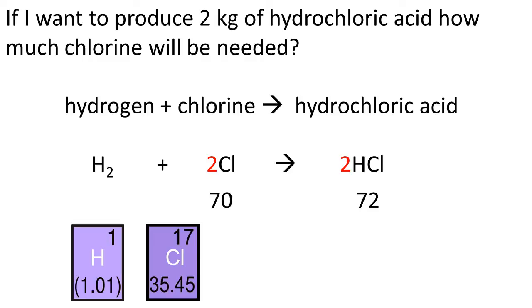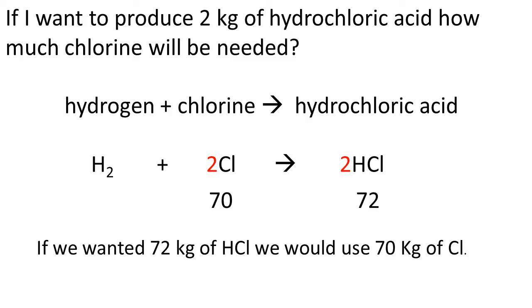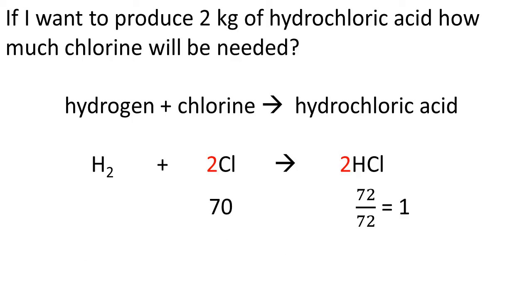So, what does this tell me? This tells me that if I wanted 72 kilograms of hydrochloric acid, I'd have to use 70 kilograms of chlorine. Now from that, we can work out, what if we only wanted 1 kilogram of hydrochloric acid? Well, we divide it by itself to make that into a 1, and like in maths, what you do to one side, you must do to the other side.